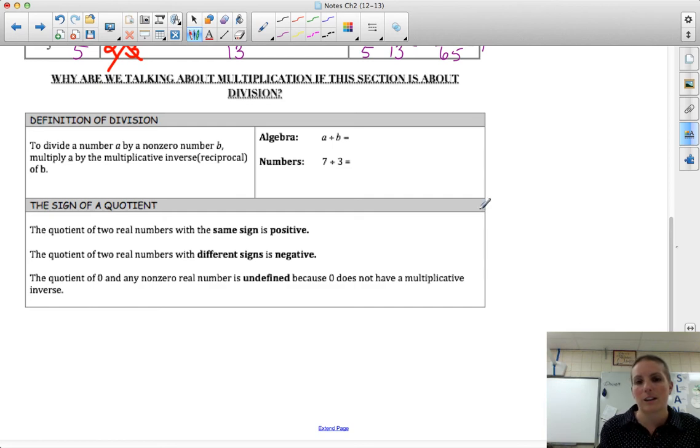Now when we look at this, why are we talking about all this multiplication? This section is about division. By definition, division is really a fraction, right?